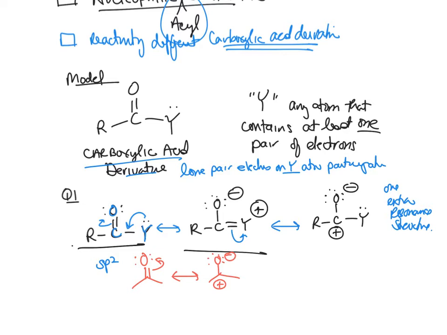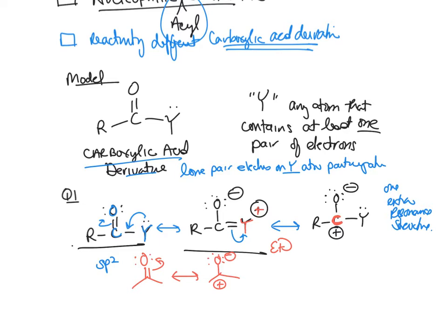Which atom in the carboxylic acid derivative would act as the electrophile? So here you could say it's the carbon, right? The Y could as well. Electrophiles have the positive. Consider the Y group on the carboxylic acid.